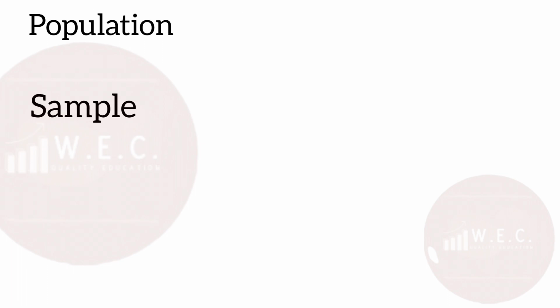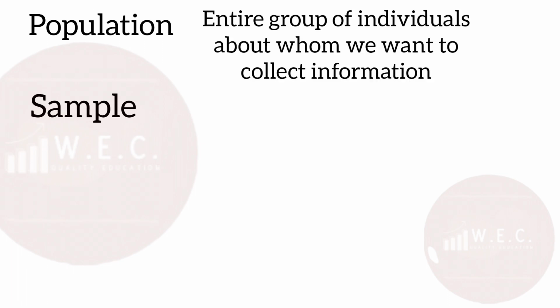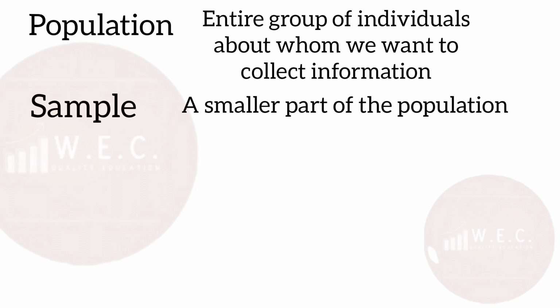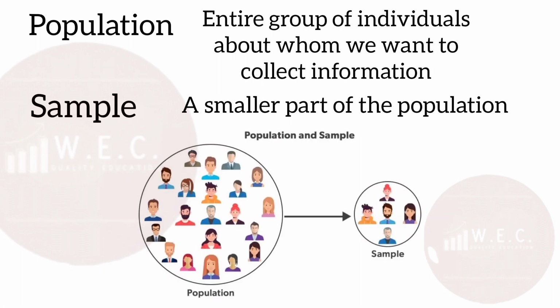Population is the entire group of individuals about whom we want to collect information. But due to the size of the population, it is not always possible to survey the entire group of individuals. So we choose a smaller part of the population. The smaller part of the population is called a sample.